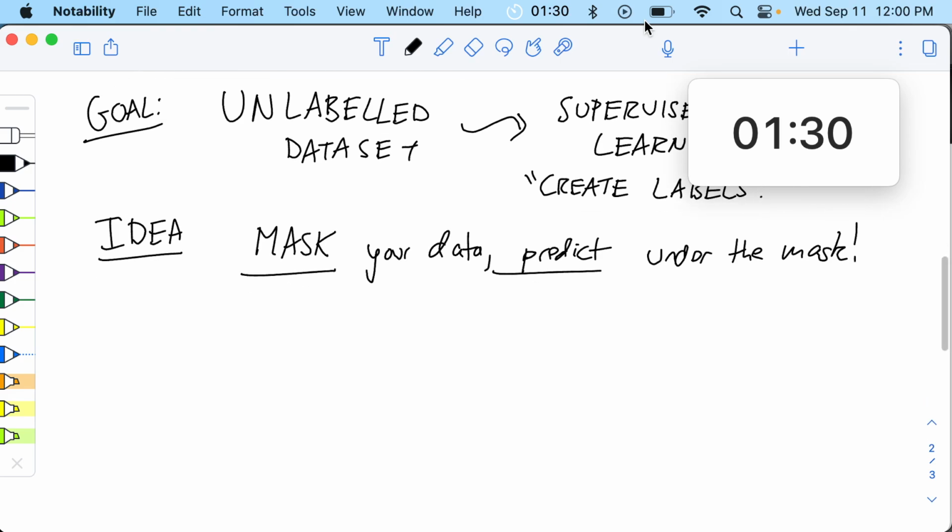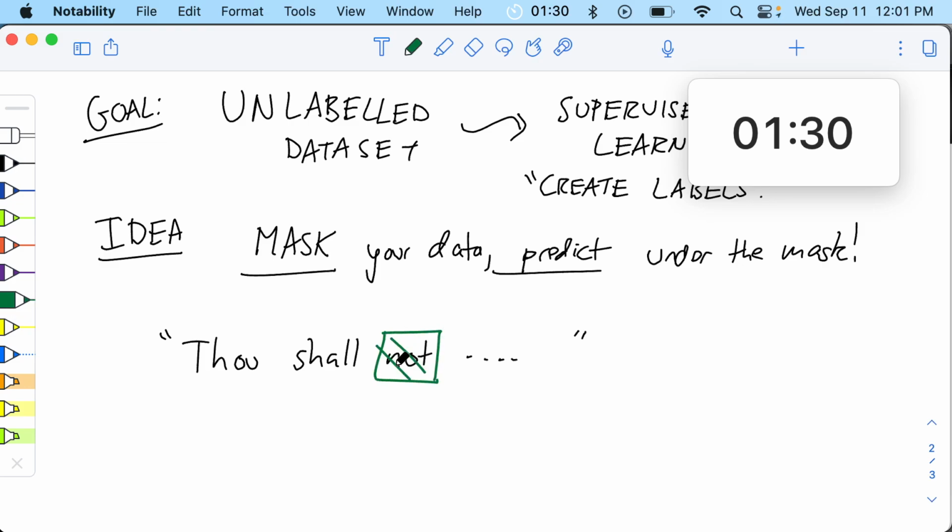And to give you an example, you go to the internet, you download some words, you might find this phrase, thou shalt not, blah, blah, blah. And what you would do to train the computer is cover up one of the words, delete it, and ask the computer, please predict after thou shalt, please predict the next word.